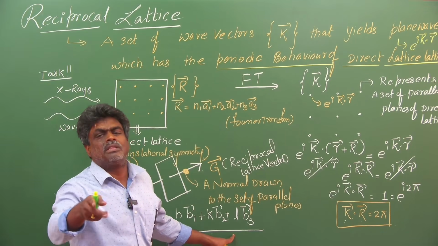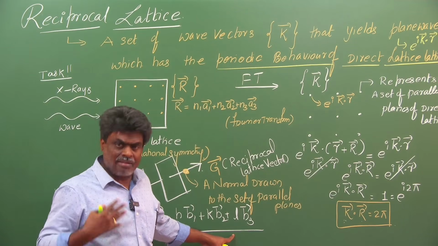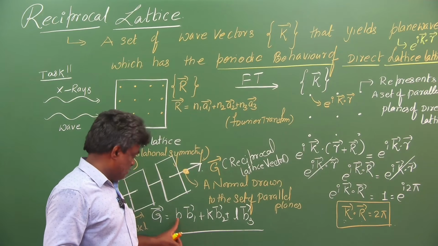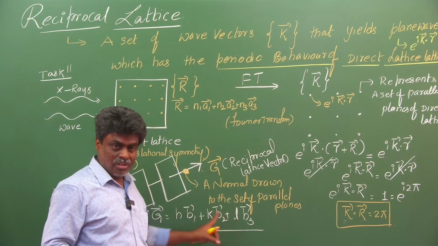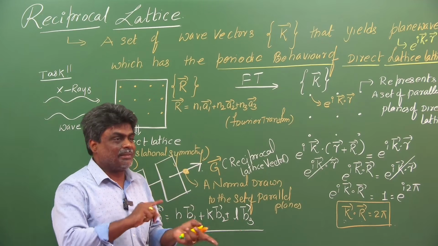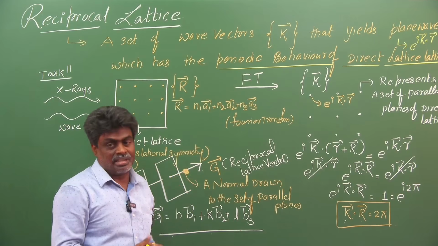That b1, b2, b3 correspond to the reciprocal lattice vectors. I will explain how to find them. If I have 1, 0, 0 planes, 1, this is 0, this is 0. I have 1, 0, 1, 1, 1, 0. Like that you will get the reciprocal lattice construction.